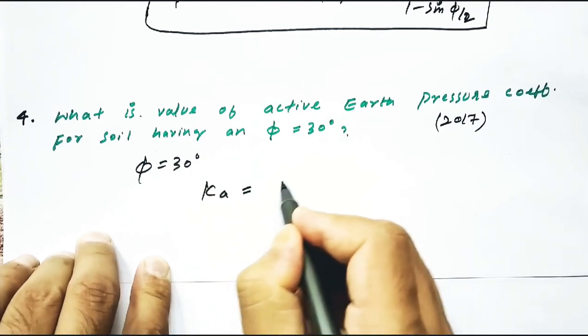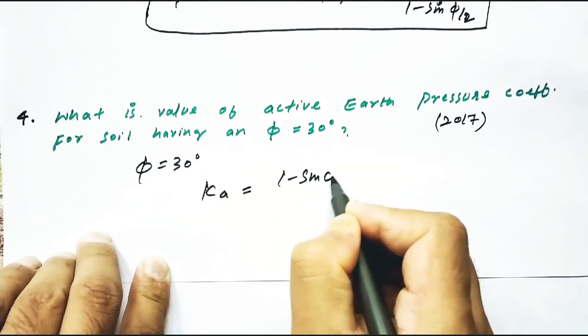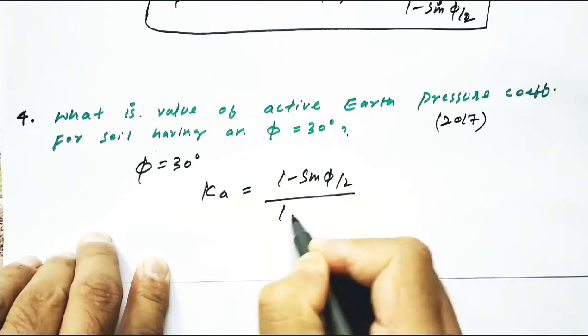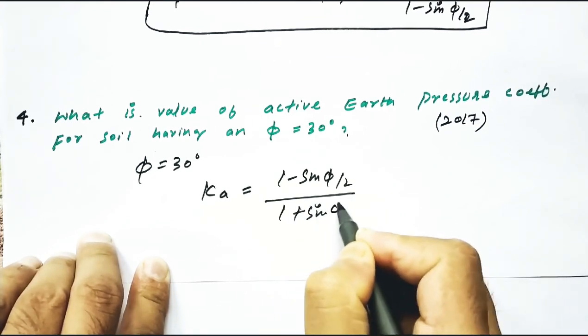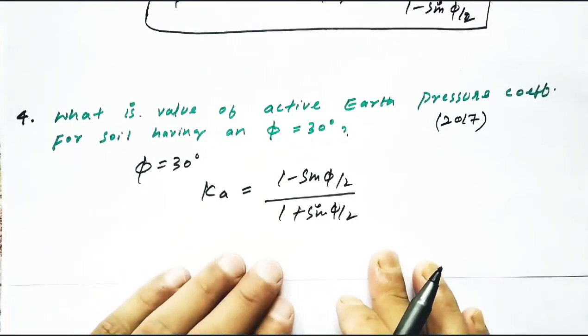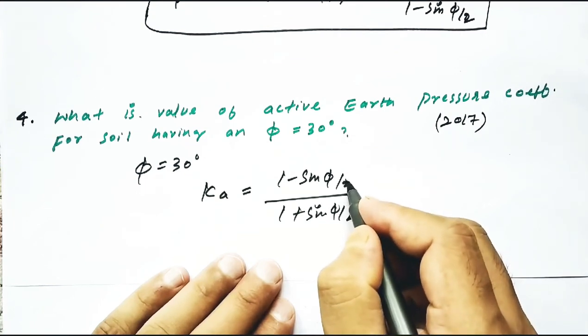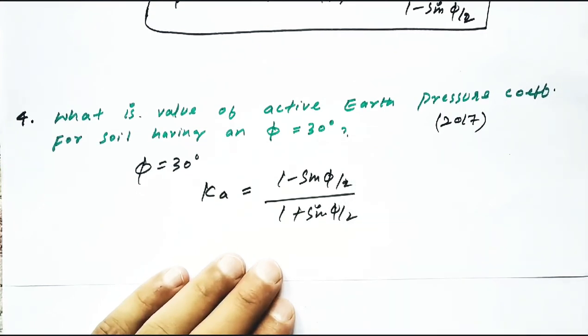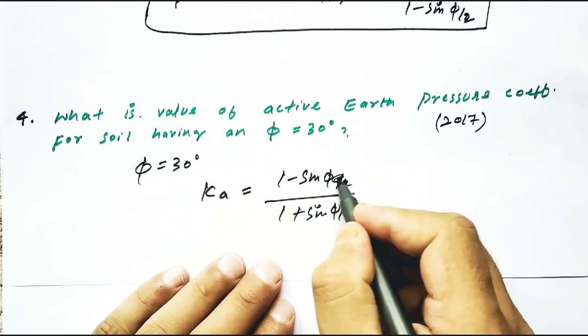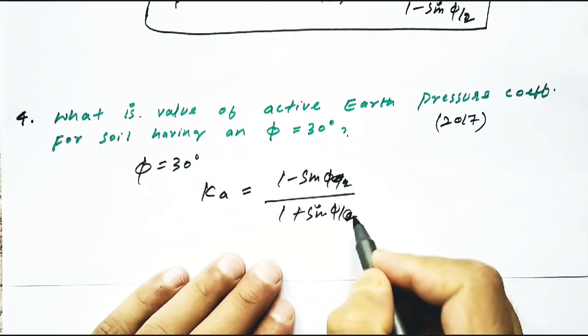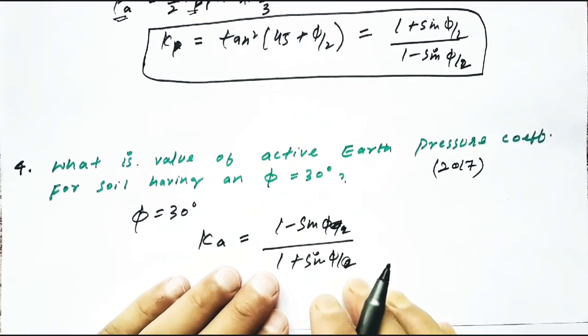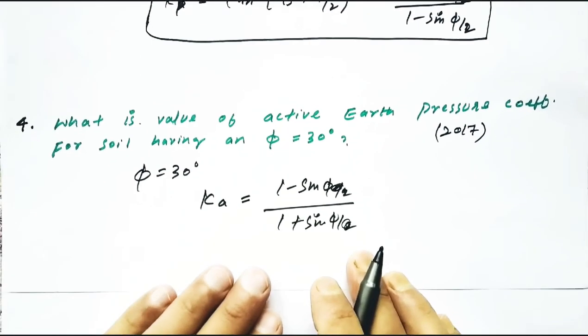So Ka is 1 minus sine phi divided by 1 plus sine phi. Not phi by 2, exactly it's phi. I'm sorry, it's only phi here, 1 minus sine phi and 1 plus sine phi.